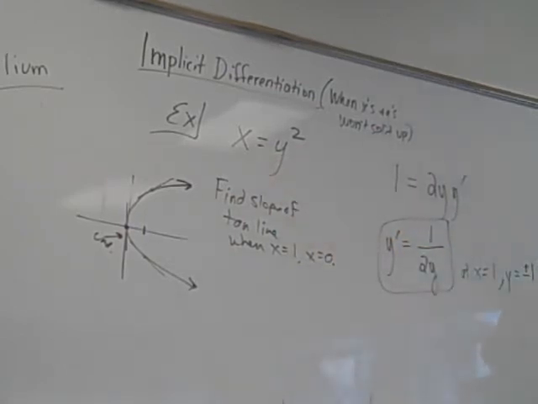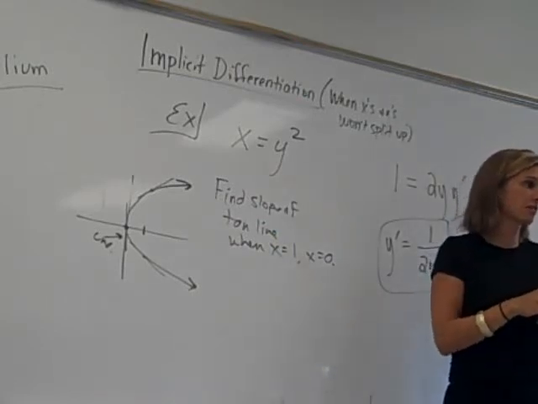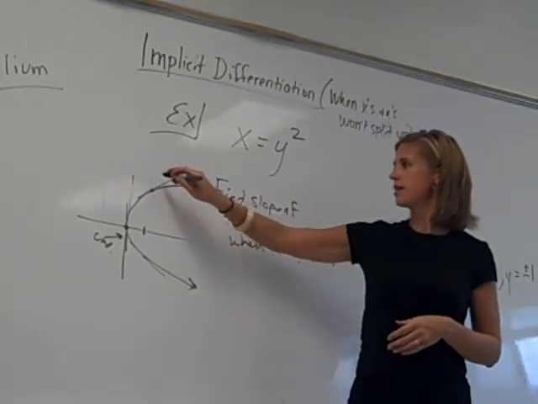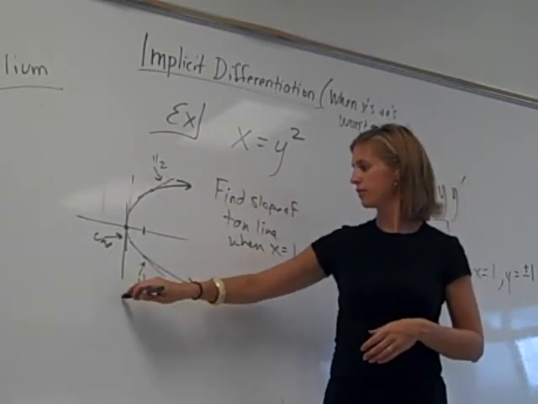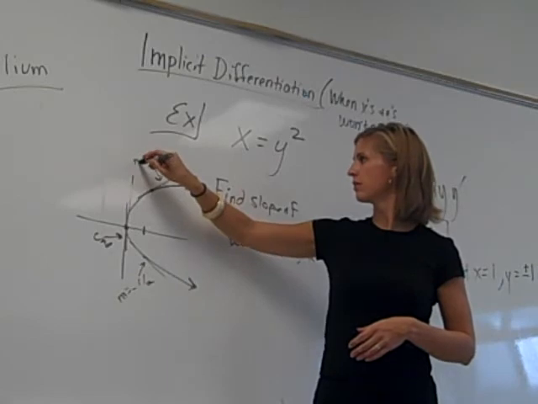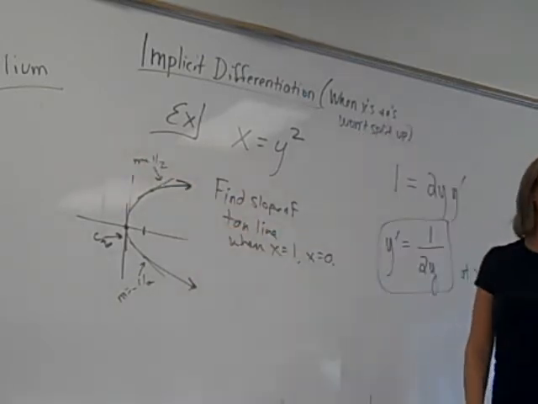So I'm going to have two different slopes. At x equals 1, here are my y values. The derivative then is going to be 1/2 and negative 1/2. That makes sense. I have two different derivatives when x equals 1, because this derivative is 1/2 and this derivative is negative 1/2. I used m to mean slope.